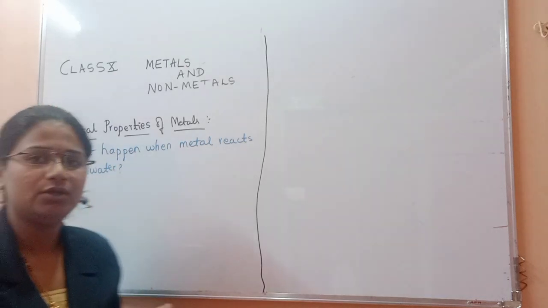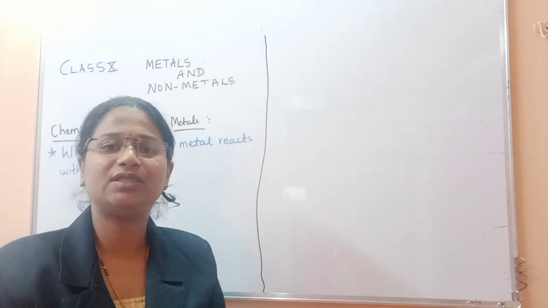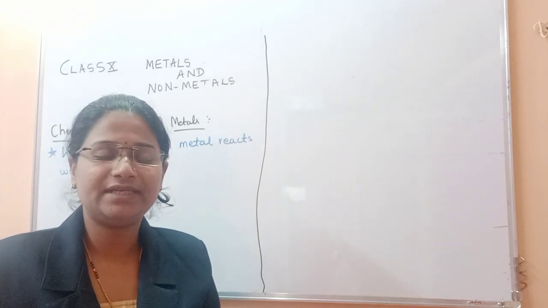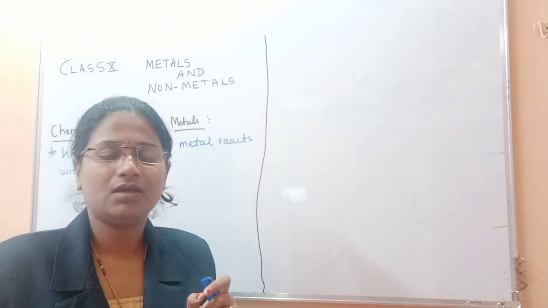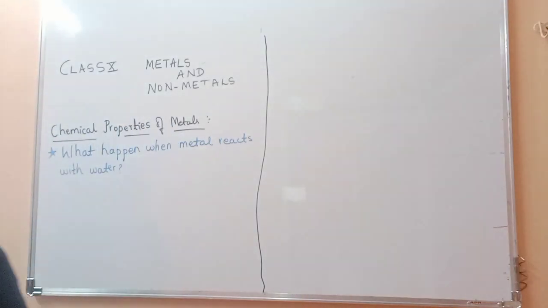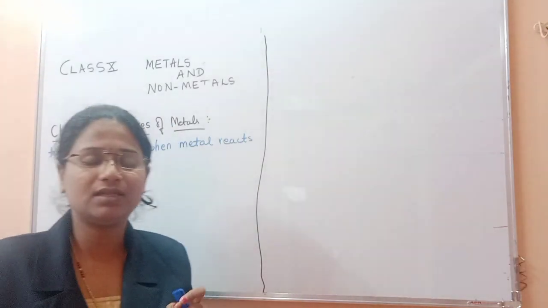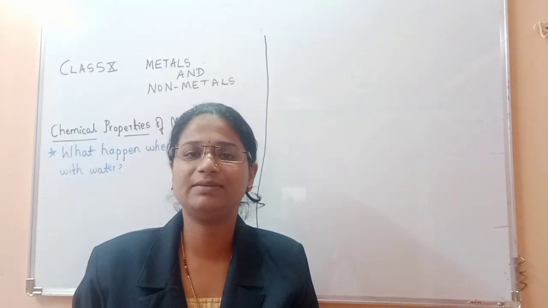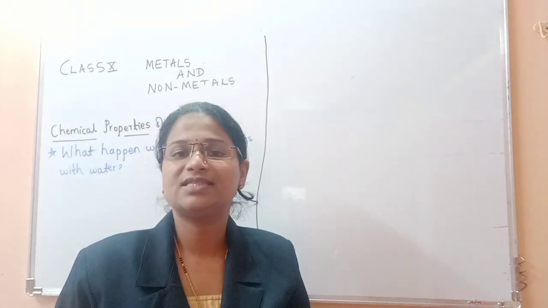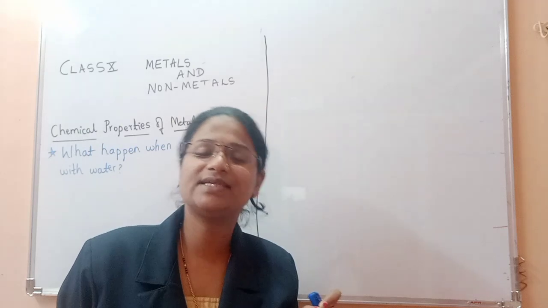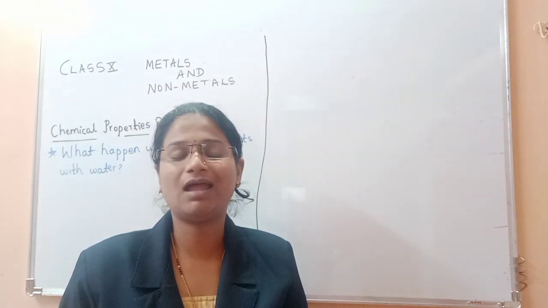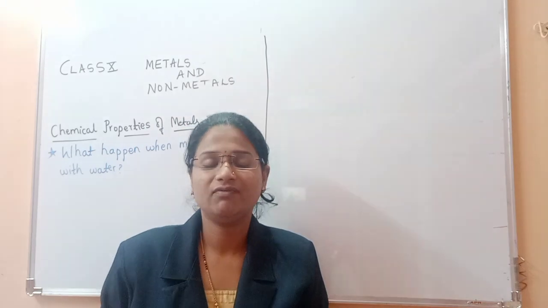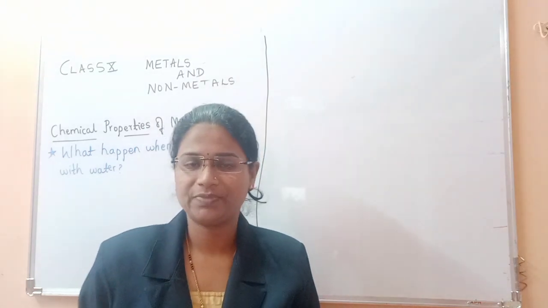So when a metal reacts with water, usually a metal oxide is formed with the liberation of hydrogen. Similarly, when metal oxides react with water, a metal hydroxide is formed.